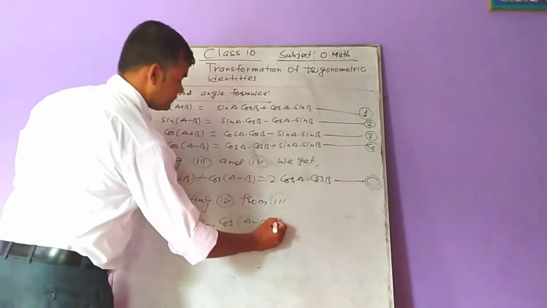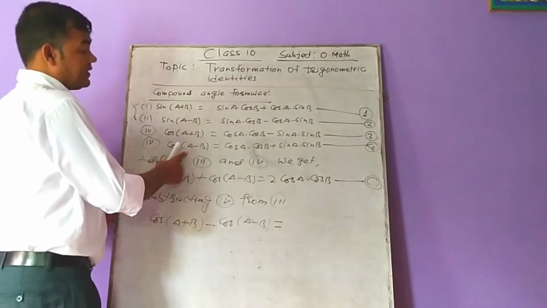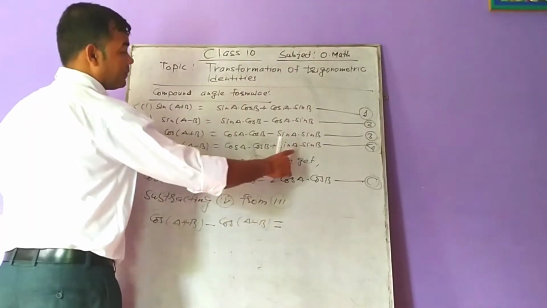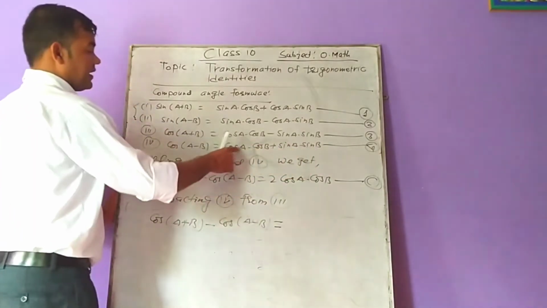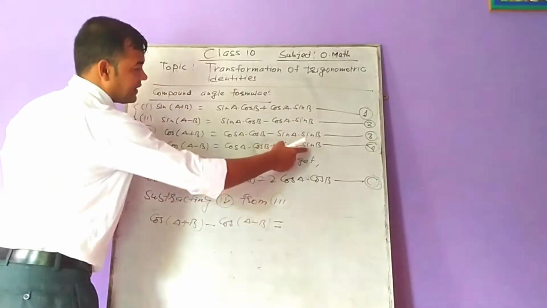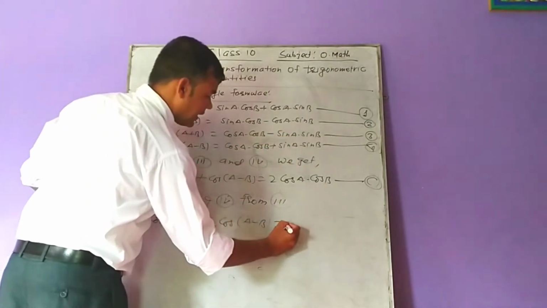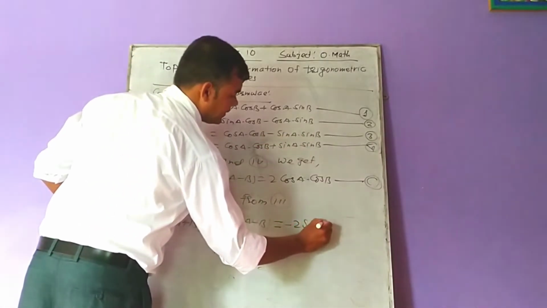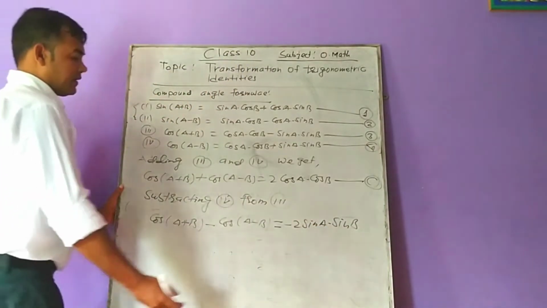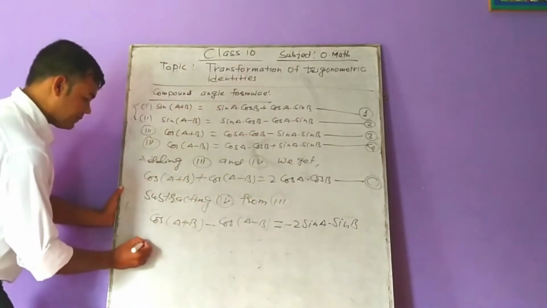We will have cos A cos B minus sin A sin B minus cos A cos B minus sin A sin B. Cos A cos B will be cancelled from both identities, and this minus sin A into sin B and minus sin A into sin B will be added, and we will have minus 2 sin A into sin B. So here minus is odd, so let's multiply both sides by minus.